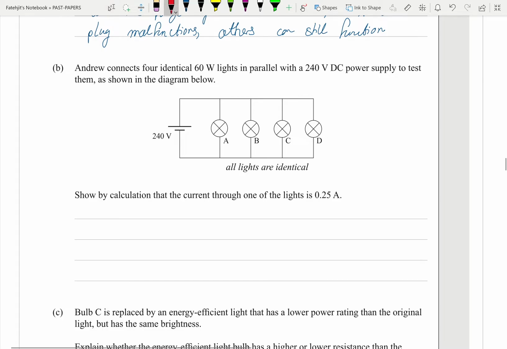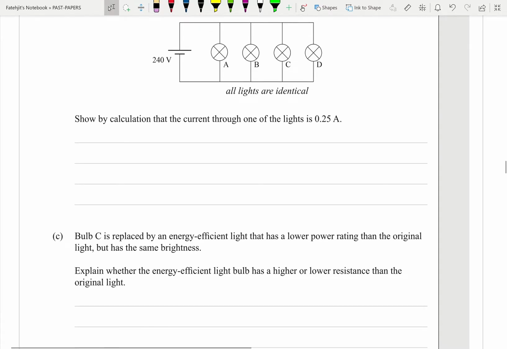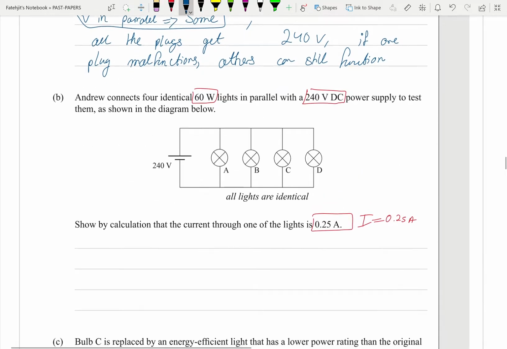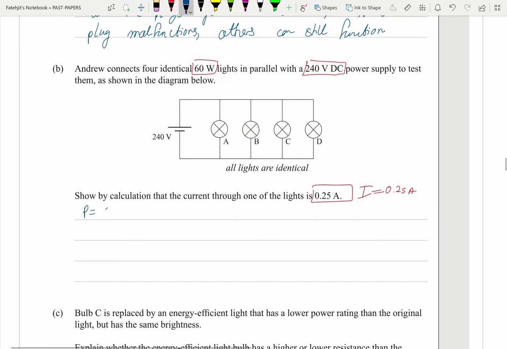Cool. So question 2b. Connects four identical 60 watt lights in parallel with a 240 volt DC supply. We need to show that the current equals 0.25 amps. So from this we know that the power equals 60 watts, and the voltage equals 240 volts.